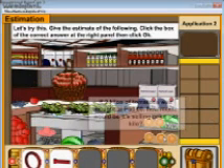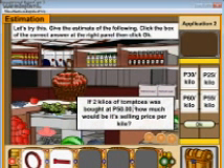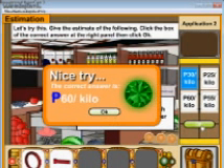If 2 kilos of tomatoes were bought at 50 pesos, how much would be its selling price per kilo? So 2 kilos for 50 pesos means 1 kilo is equal to 25 pesos, right? And 20% of 25 pesos is 5 pesos. So we add it and we will have 30. Oh, we had it wrong.